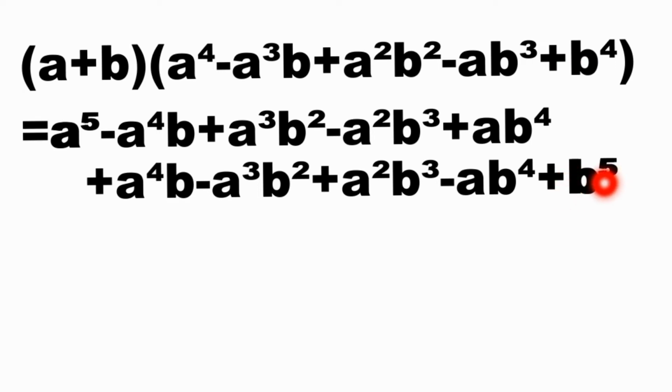So we can combine these since they have opposite signs. The a to the fourth b terms become 0. The a cube b squared terms, since this is plus and this is minus, become 0. The a squared b cube terms are also 0 because this is minus and this is plus.